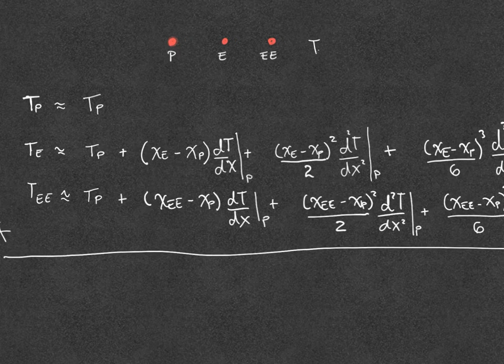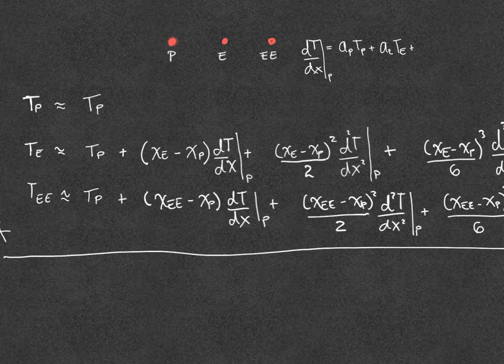We want to have dT/dx at P as AP TP plus AE TE plus AEE TEE. So this is what I want.